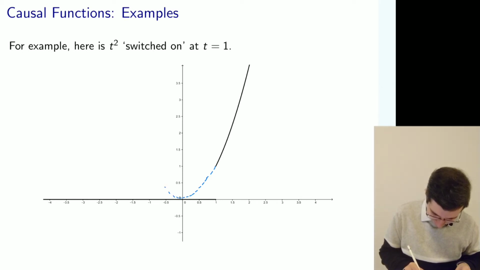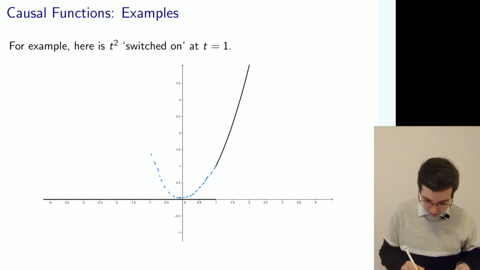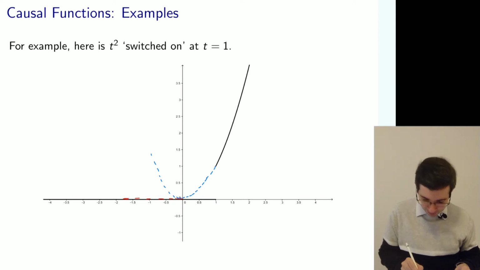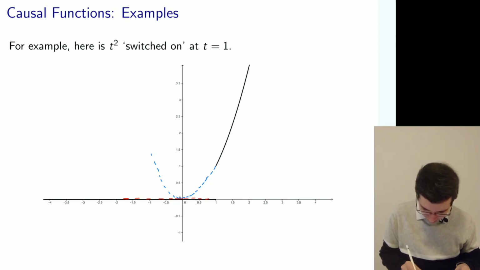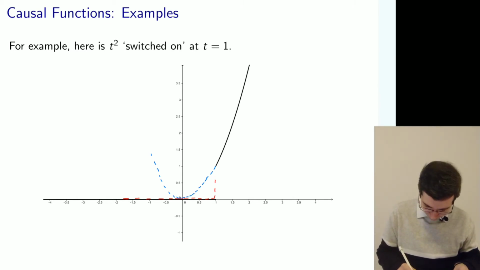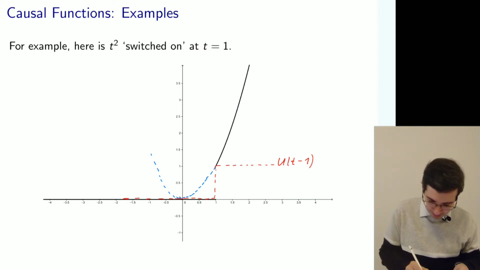And we applied a unit step function, which is 0 up to time 1, and then it switches on. So that is u(t minus 1), and that is t squared.